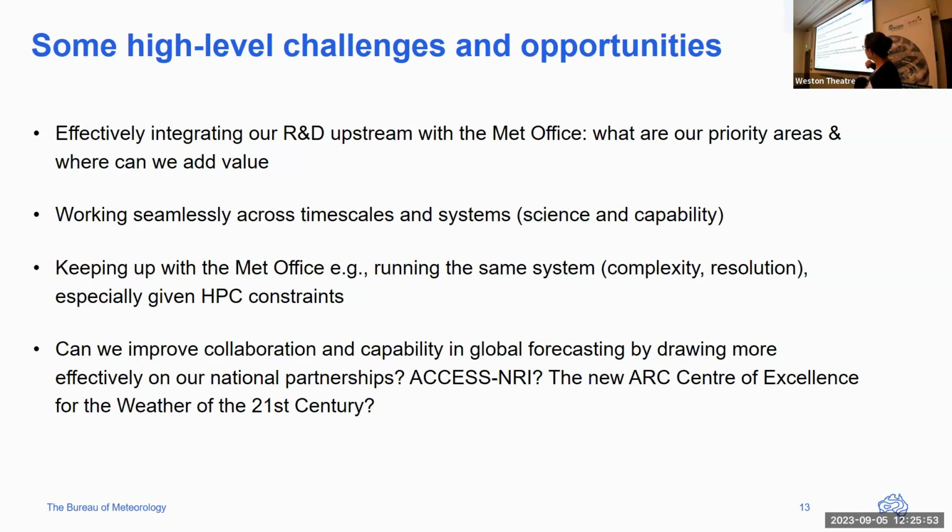But the one I want to focus on is, can we actually improve our collaboration and our capability in global forecasting by drawing more effectively on the partnerships that we have in Australia. And I think that perhaps ACCESS-NRI may have a role to play in that. And I also see the new ARC Centre of Excellence as potentially helping with that.